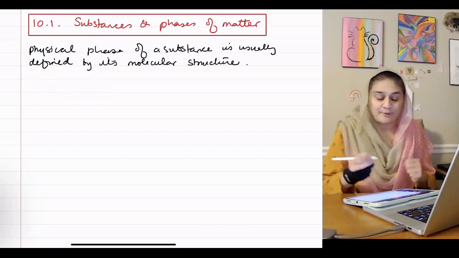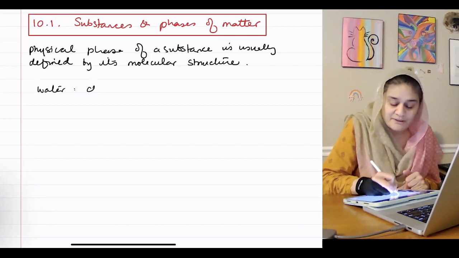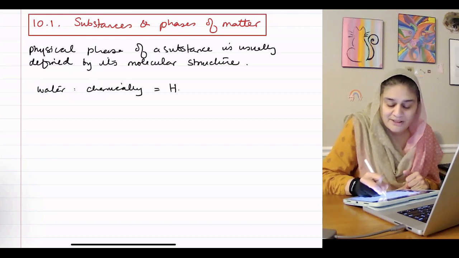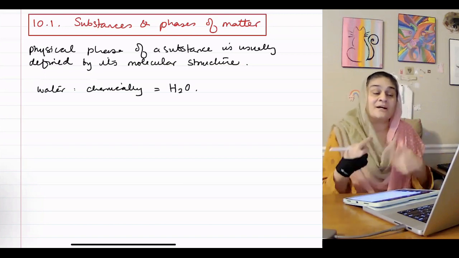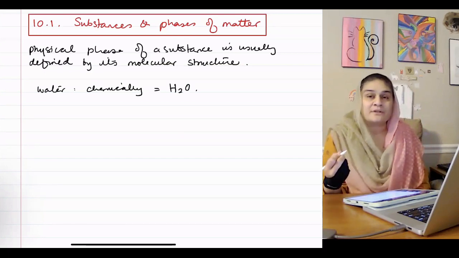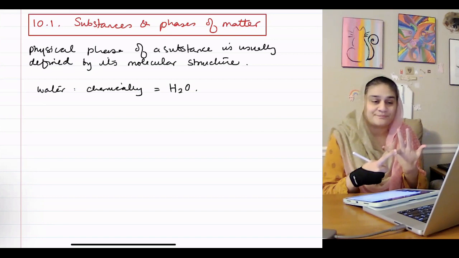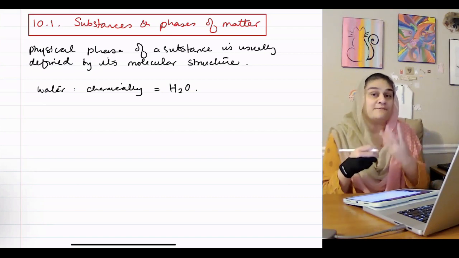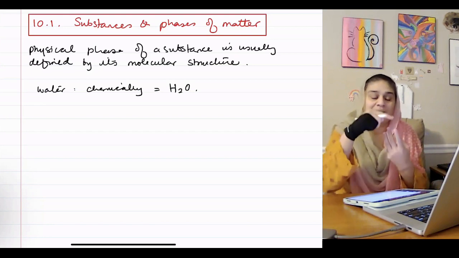So as an example, let's consider water. Chemically, water is H2O. However, it may exist in a number of molecular configurations. And what are they? So ice, liquid, and vapor. So the three phases that water could exist in are solid, liquid, and gas.